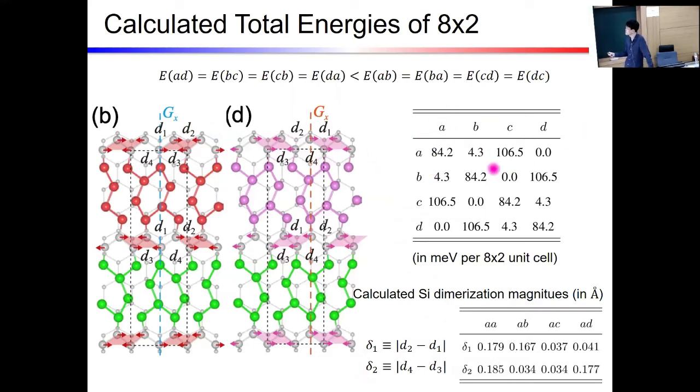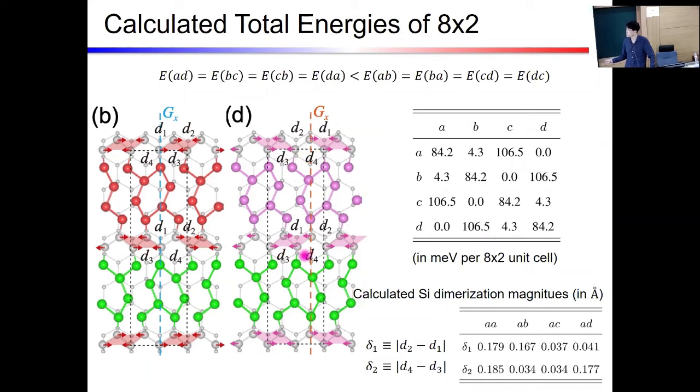All right, here are the energetics. Each combination gives a different energy, but we found the lowest energy configuration is AD. With respect to AD, we can give a relative energy difference. The next lowest energy is AB over here. AB is very close in energy, so it's almost degenerate, but slightly different.